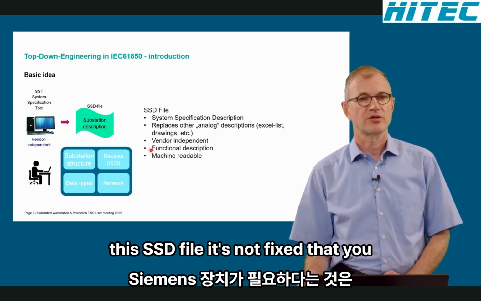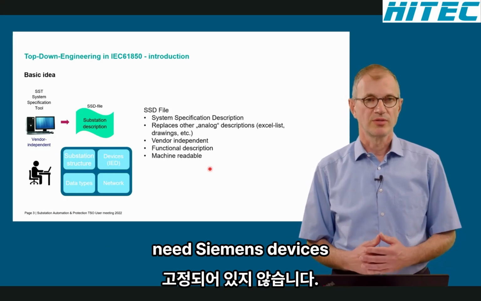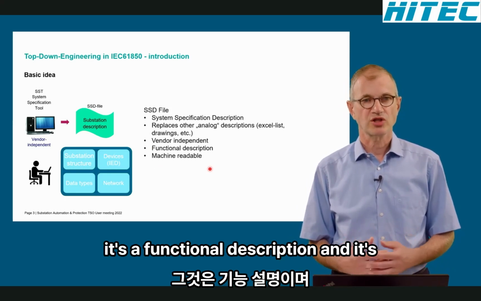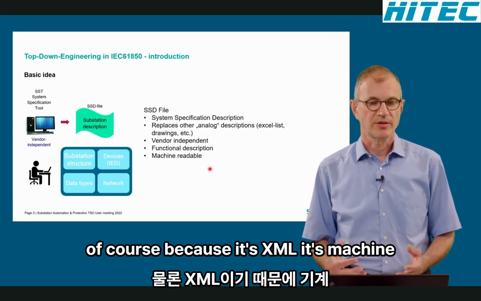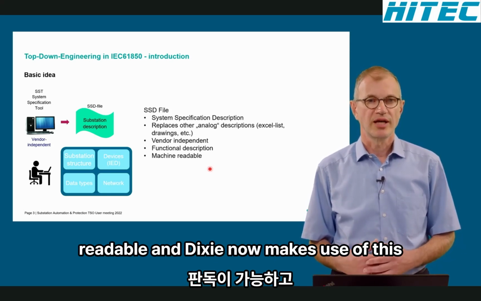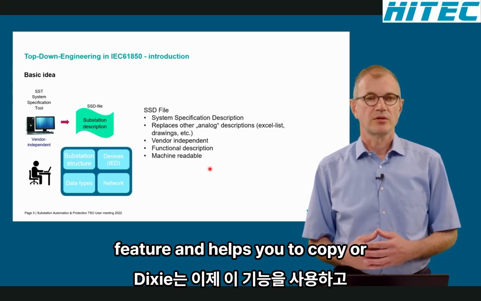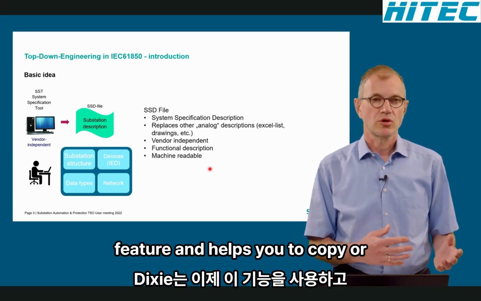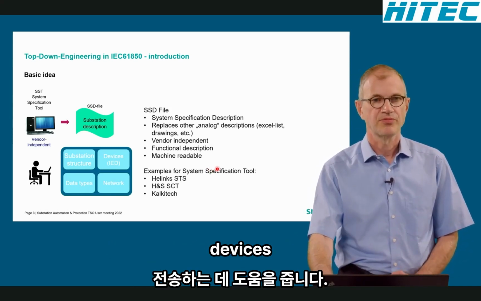In this SSD file, it's not fixed that you need Siemens devices. It's a functional description, and it's, of course, because it's XML, it's machine readable. And DIGSI now makes use of this feature and helps you to copy or transport this information into the devices.